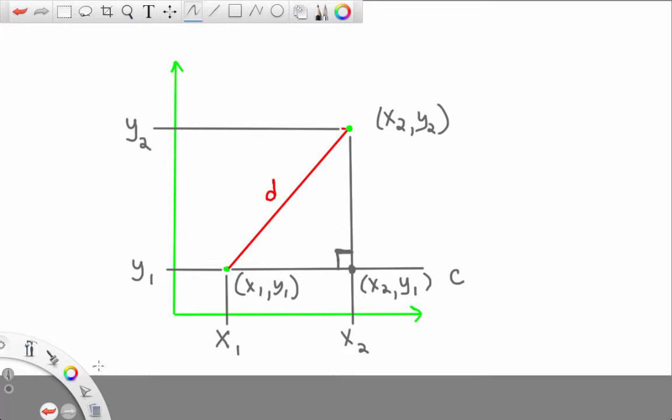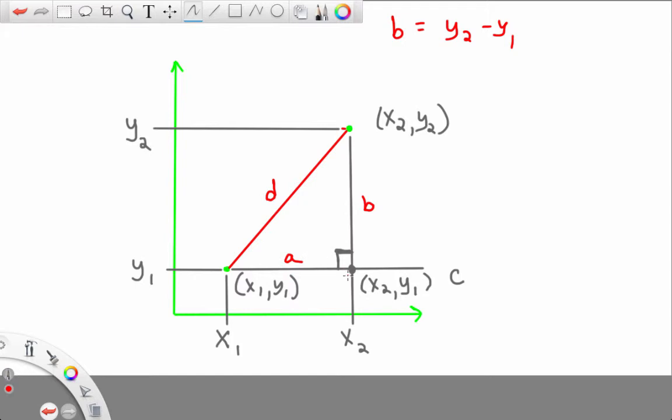Now let's label this distance A and this B. Now notice, just like we did earlier, the distance between these points here, which we're labeling B, is y2 minus y1. So B equals y2 minus y1.